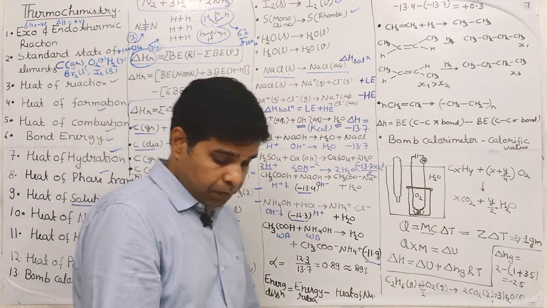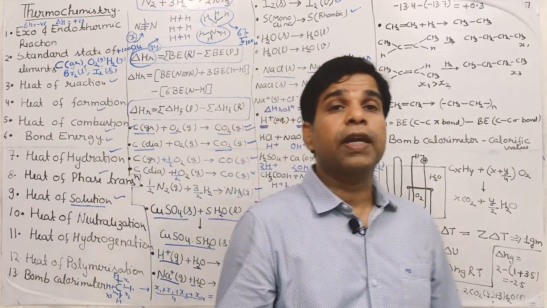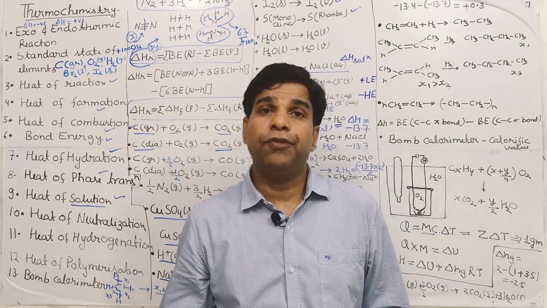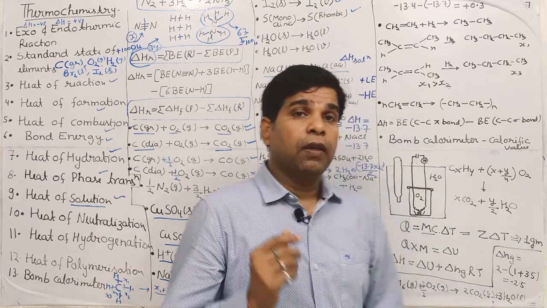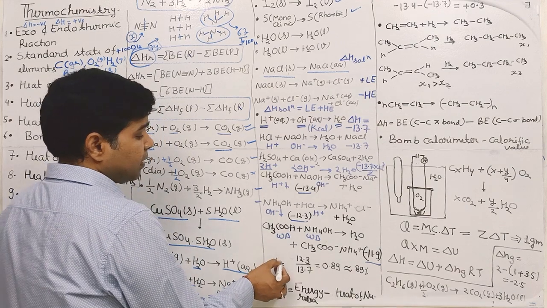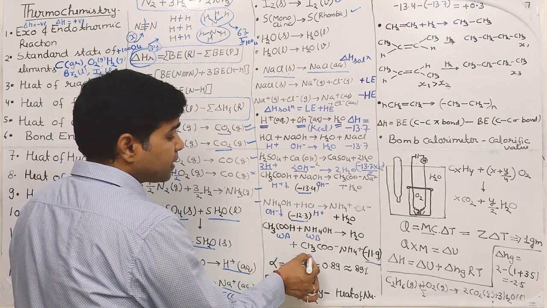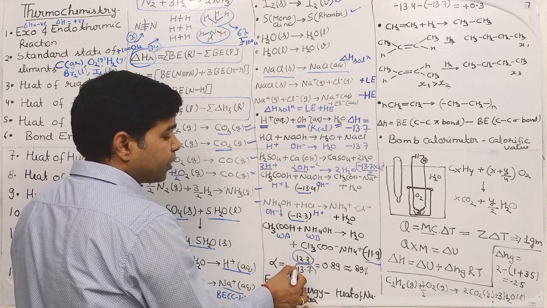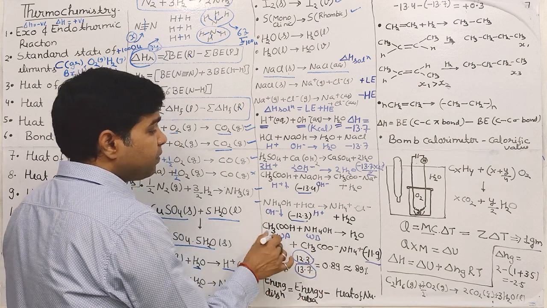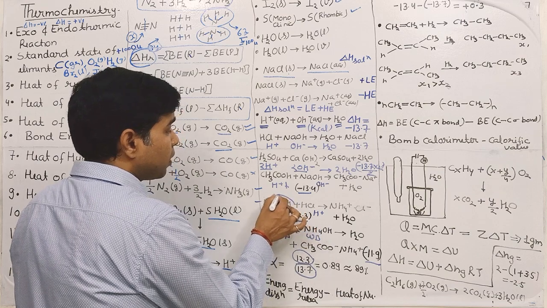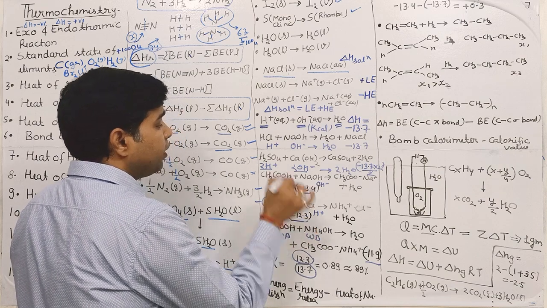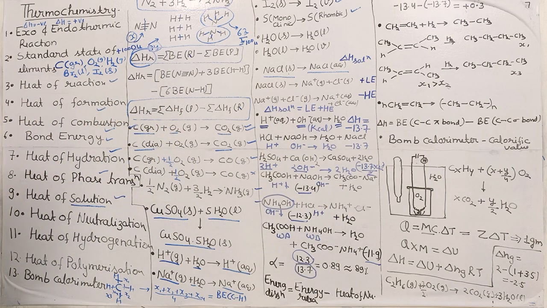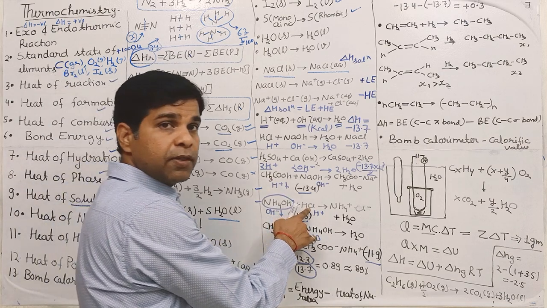By this concept we can also calculate the degree of dissociation of a weak acid and weak base. How? What is alpha? Alpha is the degree of dissociation. It is the energy release divided by the actual heat of neutralization. Suppose I want to calculate the degree of dissociation of NH4OH. I told you HCl is 100% dissociated.